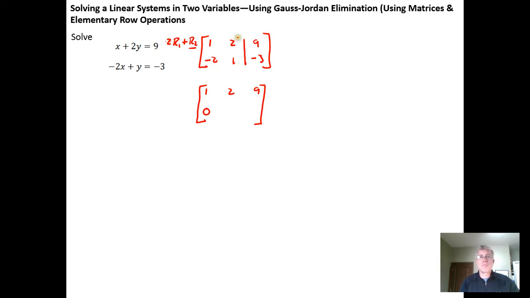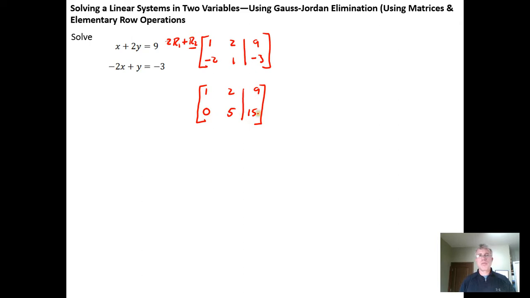So 2 times 2 is 4, plus 1 is 5. Replace the 1 with the 5. And finally, 2 times 9 is 18, plus negative 3 is 15. This is an augmented matrix. So I already had a leading coefficient of 1. I needed to get a 0 underneath that leading coefficient of 1.